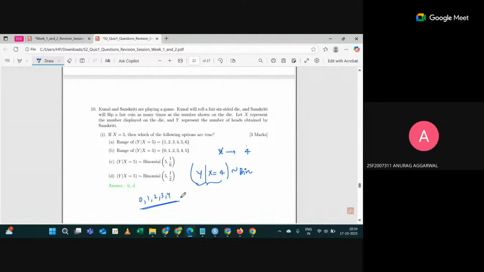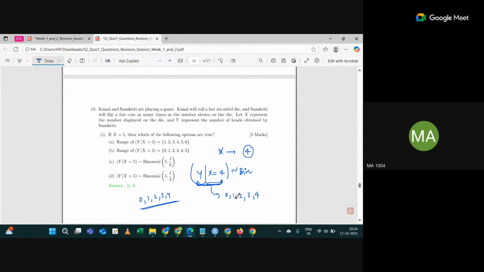If you roll a die and got 4, that means Sanskriti has to toss a coin 4 times. If I'm interested in the number of heads, I may get 0, 1, 2, 3, or 4.